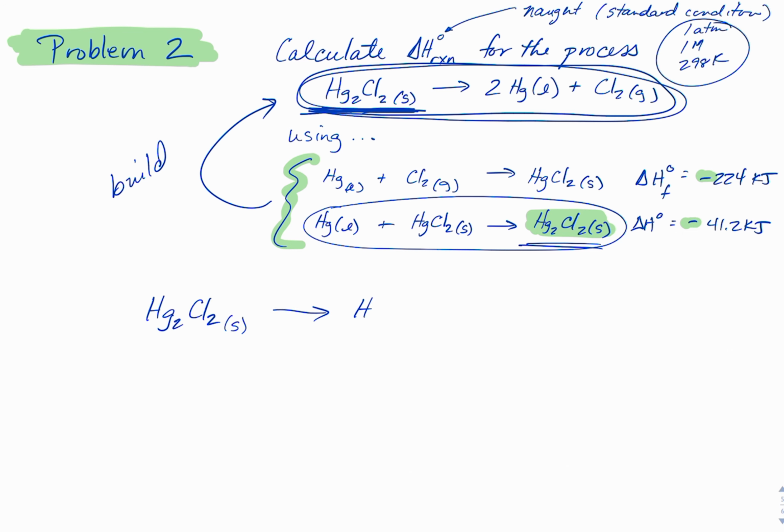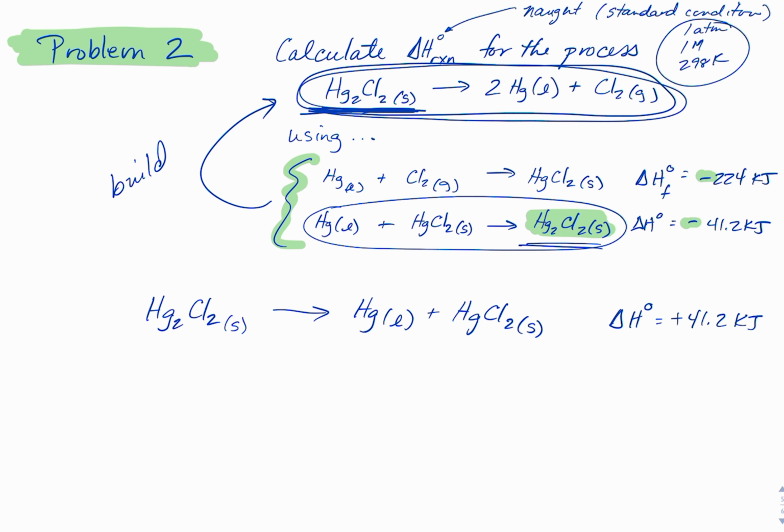What used to be reactants are now products, HgCl2. Then I associate the delta H naught with it. The delta H naught was negative 41.2 kilojoules, but I flipped the reaction, so I make sure it says positive.